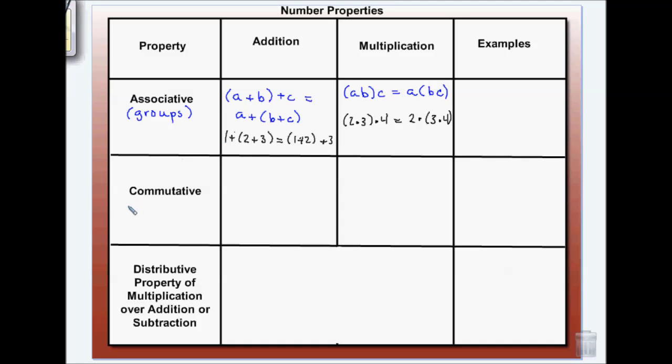So this just changes direction or changes order. And if you think about it, if I add 2 numbers together, it doesn't matter. 3 plus 4 is 7. 4 plus 3 is 7. I can change the order and it didn't change anything. Same thing with multiplication.